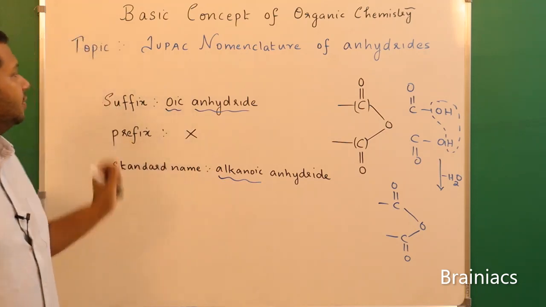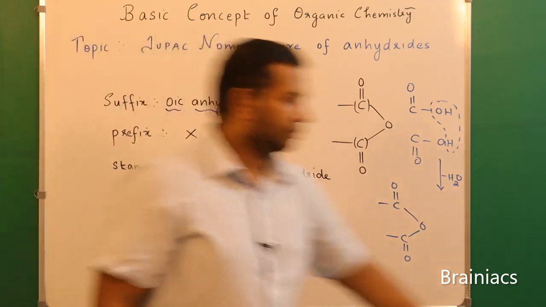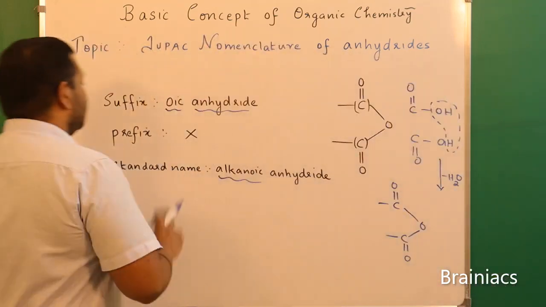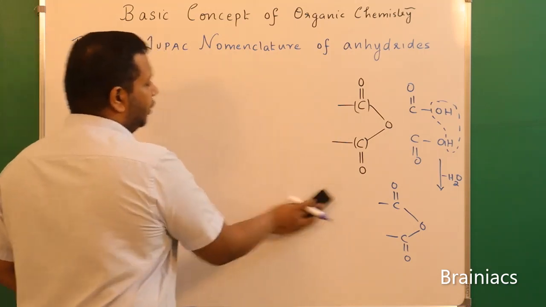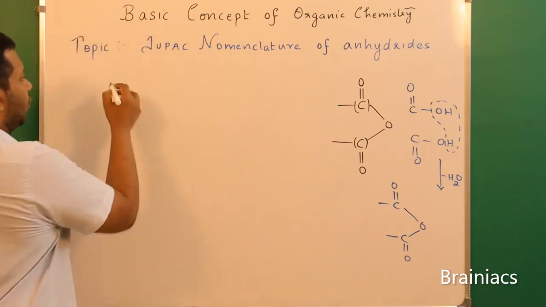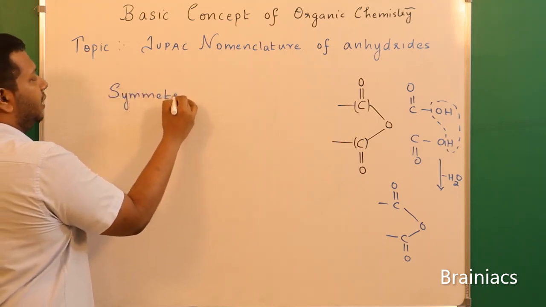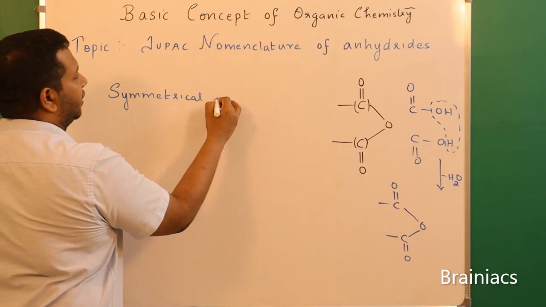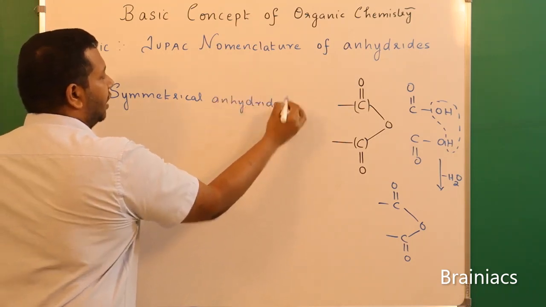So let's see what are the two different types of anhydride. That is very important. There are two types of anhydrides and their nomenclature is also different. One is called symmetrical anhydrides.